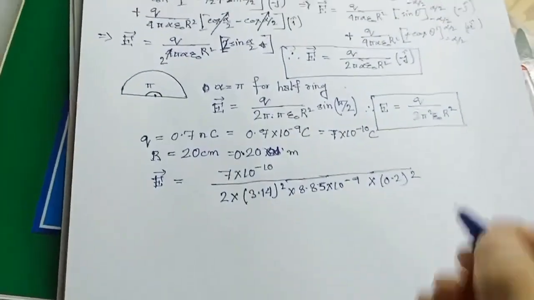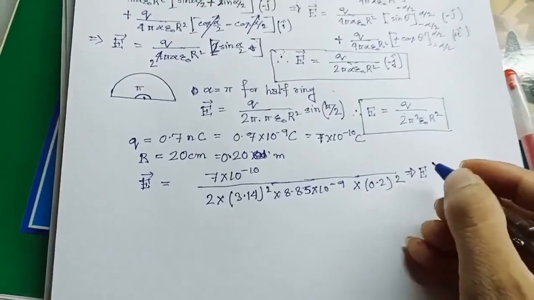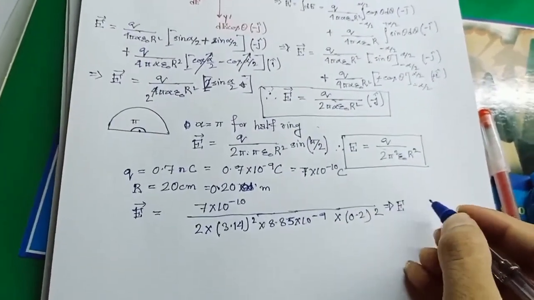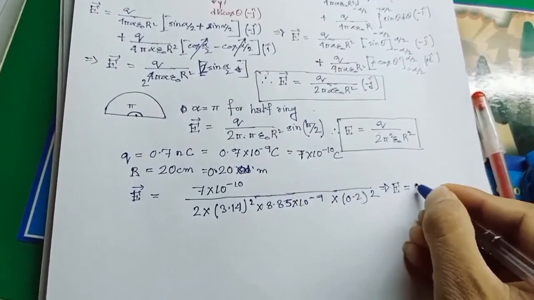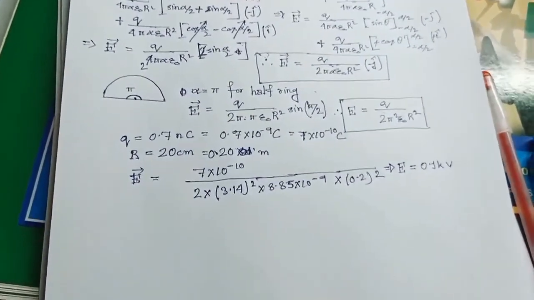So if we calculate this value, then we'll get the net electric field at the center of the half ring will be E equal to 0.1 kilovolt per meter.